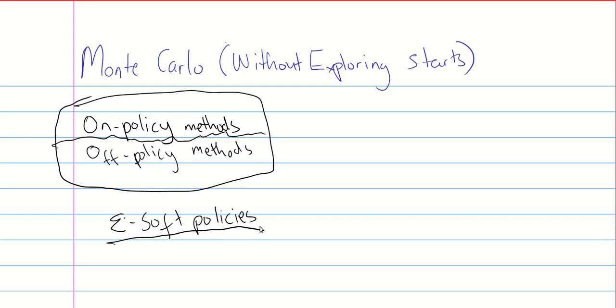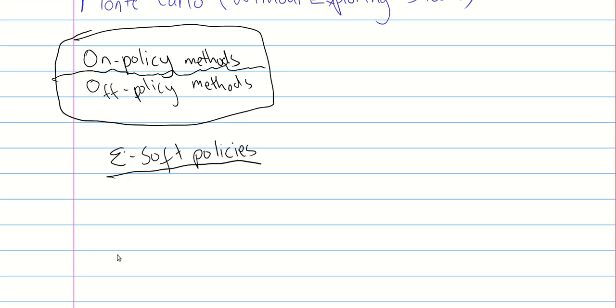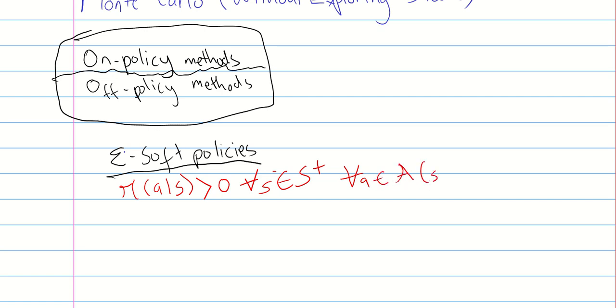Well, it means essentially, let me change the color here. When we're talking about an epsilon-soft policy, we're saying that the probability of taking an action, given that you're in a particular state, should be greater than 0, for all states, for all s an element of S, and all actions a an element of A(s).